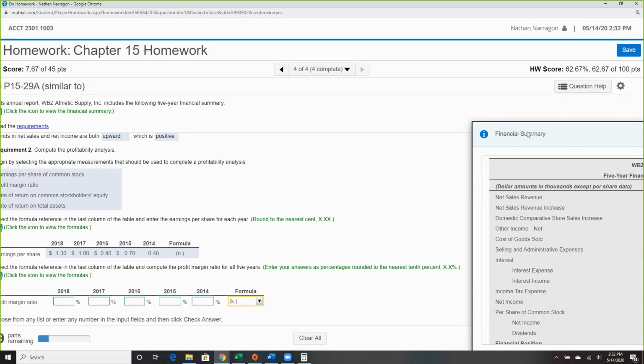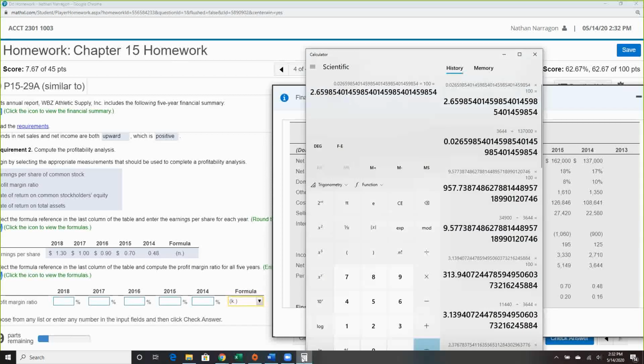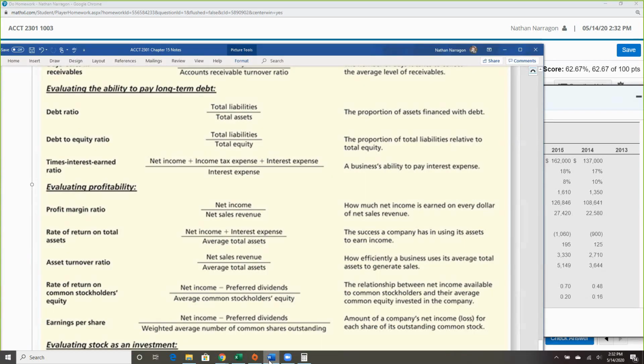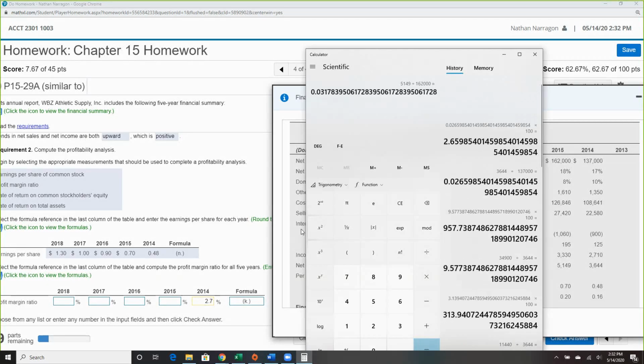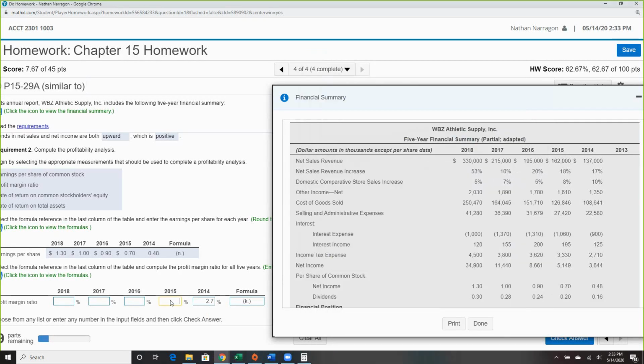Okay, there's 10. Alright. So 2.7. Then $15.5149 divided by our sales. $3.2.